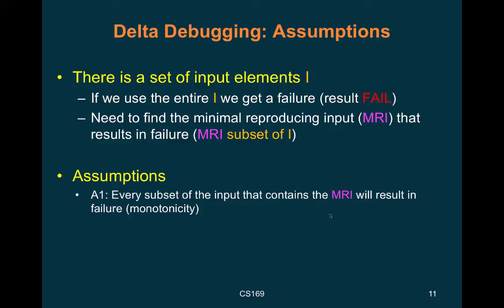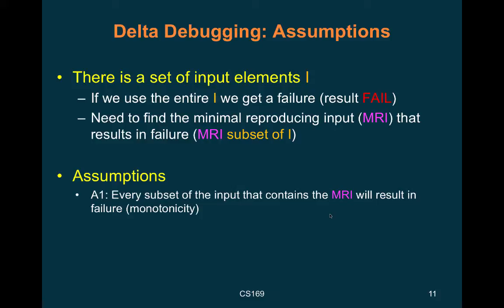Now, it turns out that there's one assumption. I'll show you two flavors of the algorithm: the simple one that all of you will get very quickly, and then the complicated one, which is the one that's used in practice. But both of them have one assumption, that if it doesn't hold, you cannot use binary search, you cannot use delta debugging.